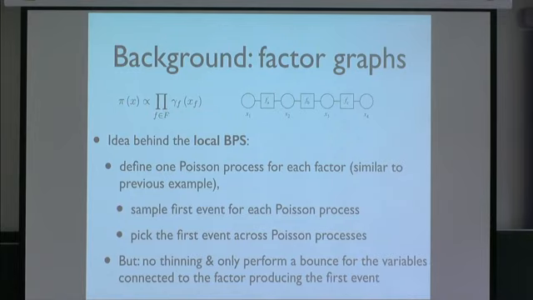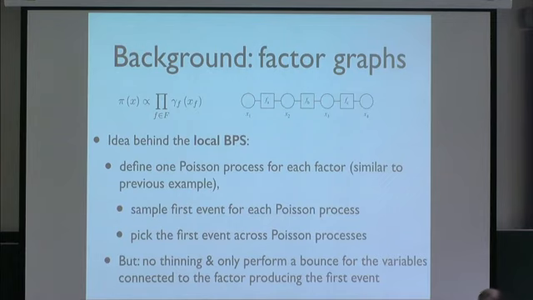But the difference is that we're going to always accept the first event that comes, but instead of bouncing with respect to the full target distribution, or the gradient of the full target distribution, we're going to bounce only with respect to the factor that caused the collision. And it's easy to show that these two changes balance each other, so you still have an invariant distribution, you still target the right distribution, but the algorithm has very different properties.